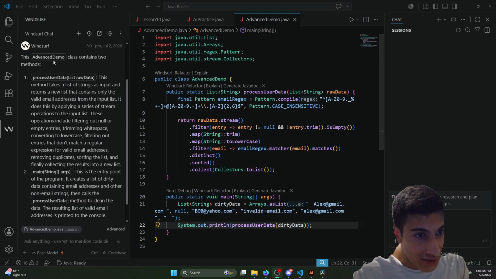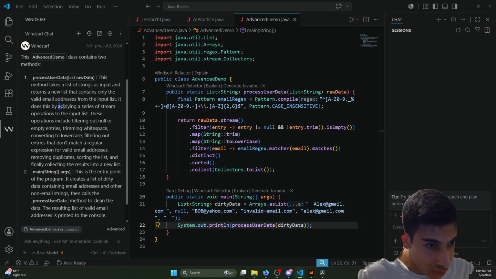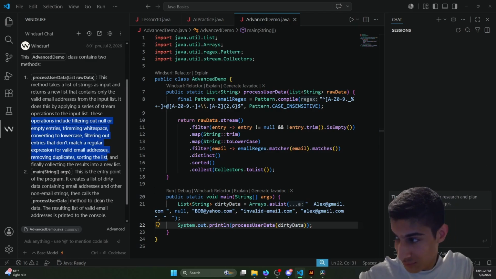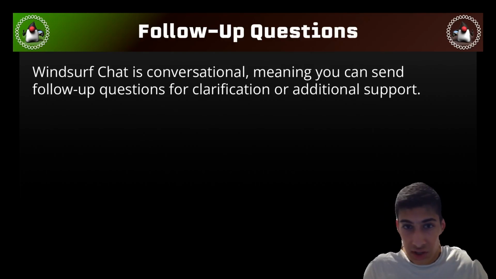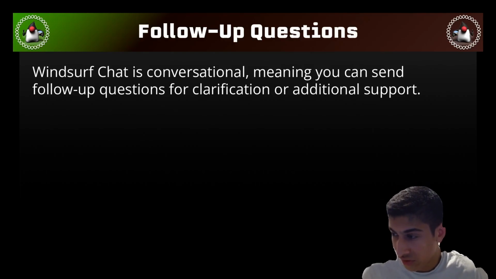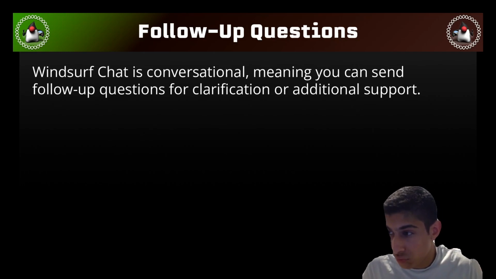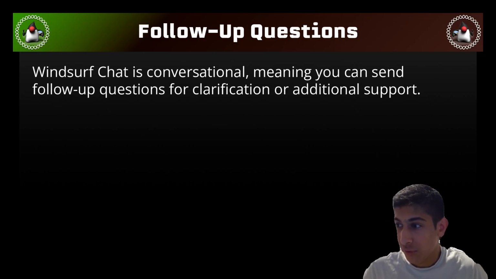So you can see that this explanation actually reveals to us not only what the code is doing, but also how it's doing it and why it's doing it in this manner. And even if we don't like something about the response that the AI gave to us, it's always good to remember that Windsurf is a conversational AI.